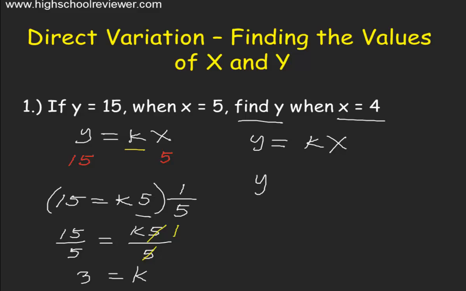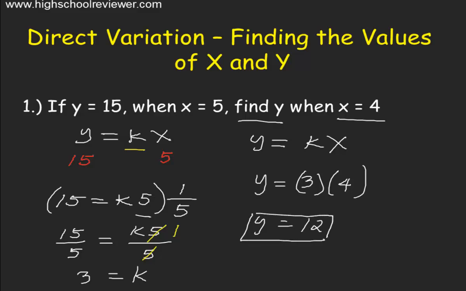So y will be equal to, our k here is 3 and our x is 4. So y will be equal to 3 times 4, that is 12. So y equals 12 and k equals 3. They are our answers for number 1.